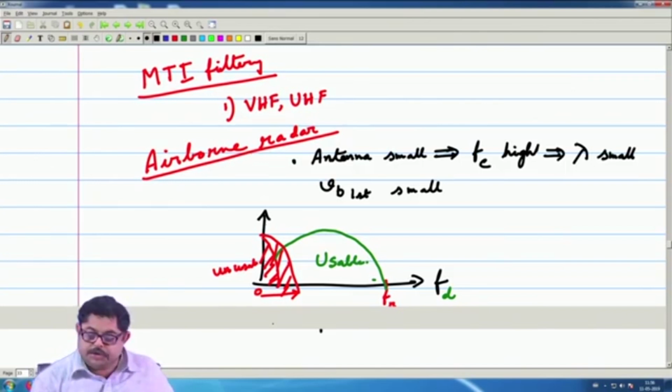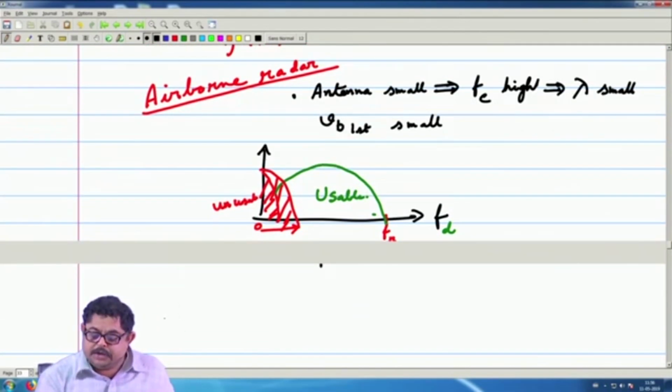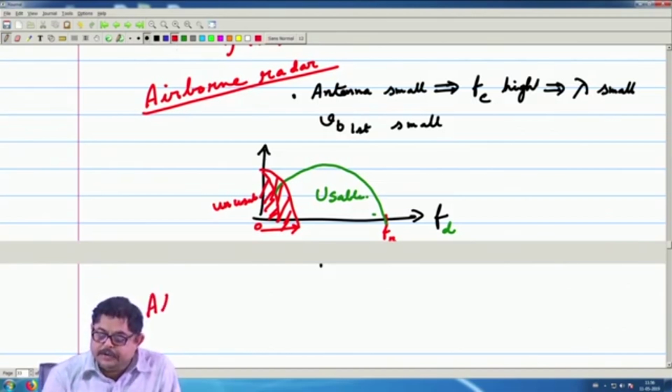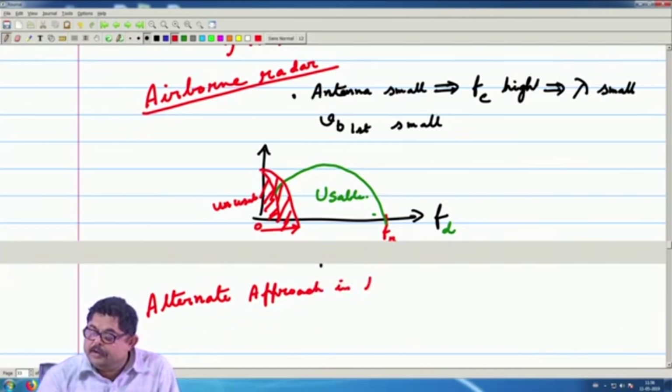So I will say there is an alternate approach in the frequency domain.